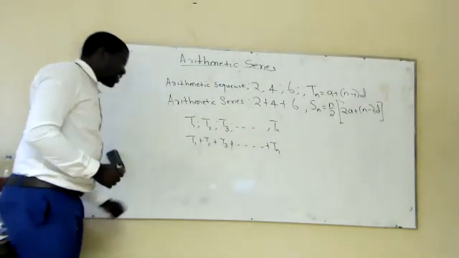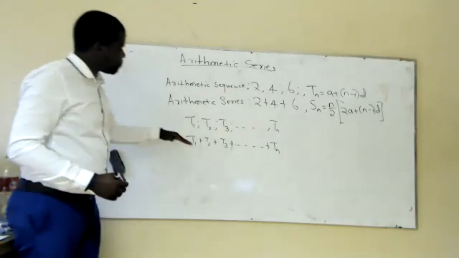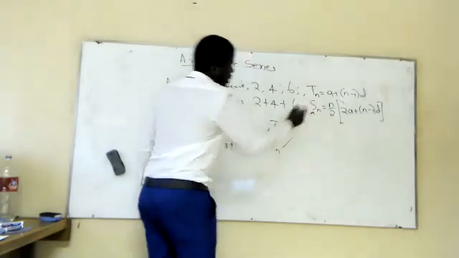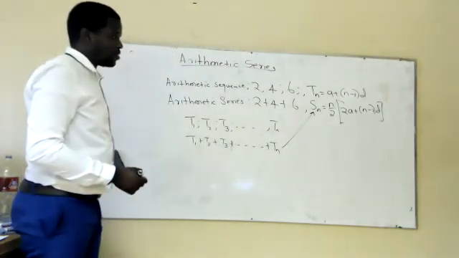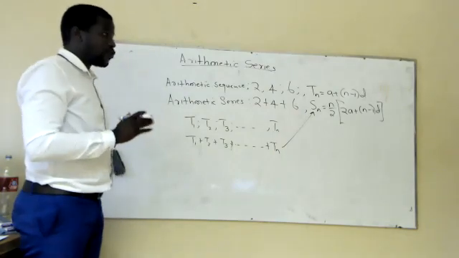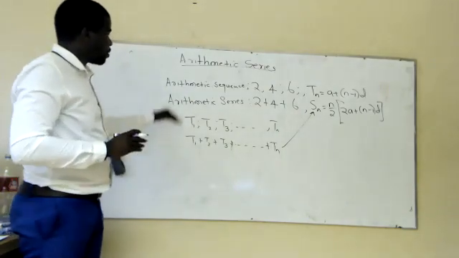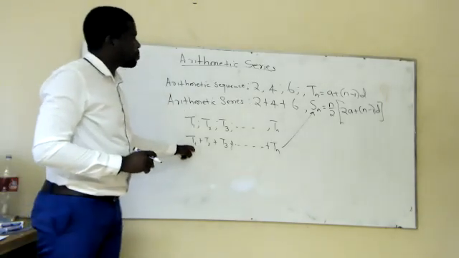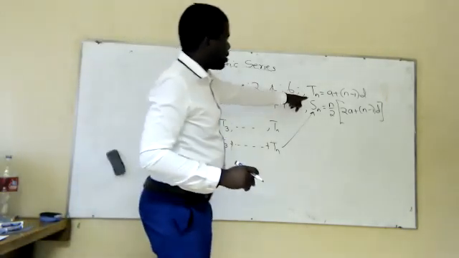Okay, after having that, what we are doing now is to derive this formula. It's very important for you to know the derivation. You are going to come across such questions for deriving the formula for arithmetic series. So where we have T1, we replace by the formula we have here.